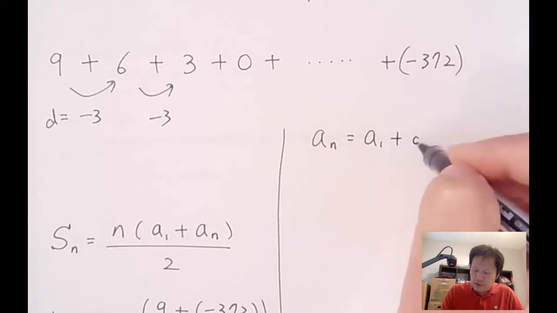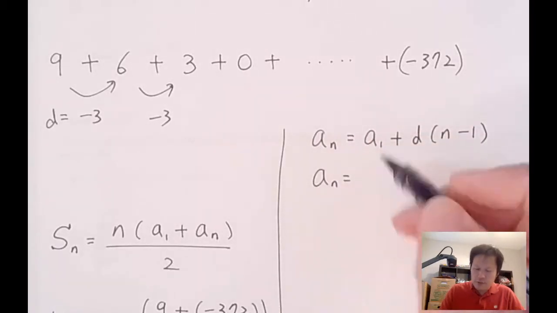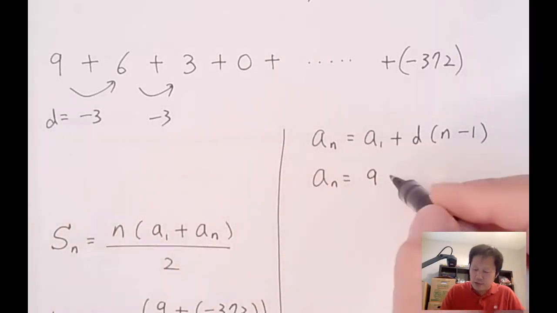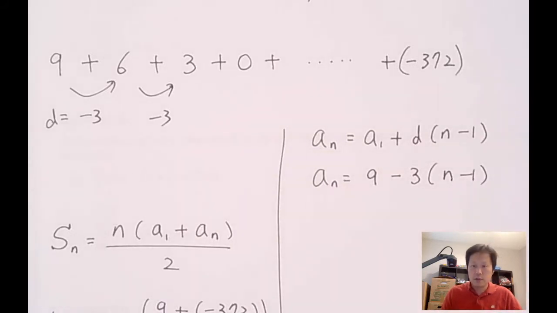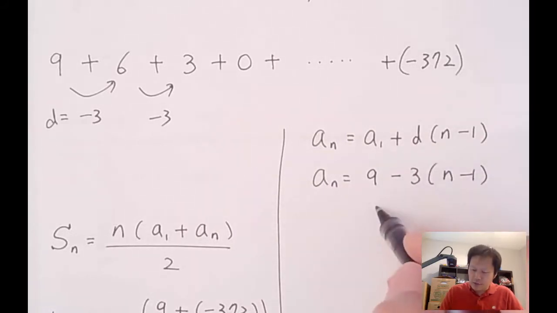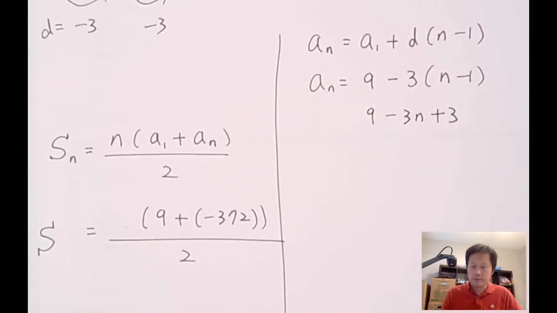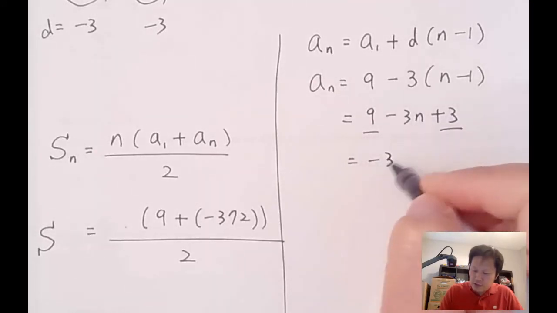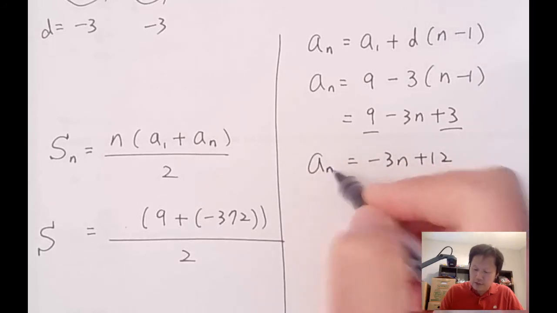A sub n equal to the first term, which is 9, difference is minus 3, so minus 3 parenthesis n minus 1. Simplify. Distribute minus 3: minus 3n plus 3, because minus 3 times minus 1. Combine like terms here: minus 3n, 9 plus 3 will give you 12. So a sub n equal to minus 3n plus 12.